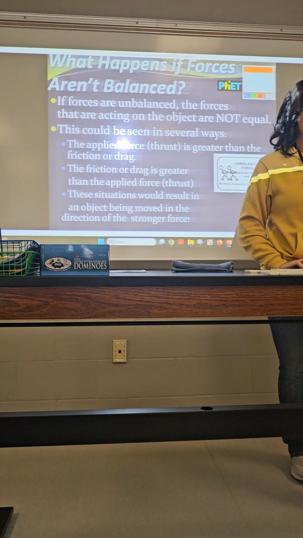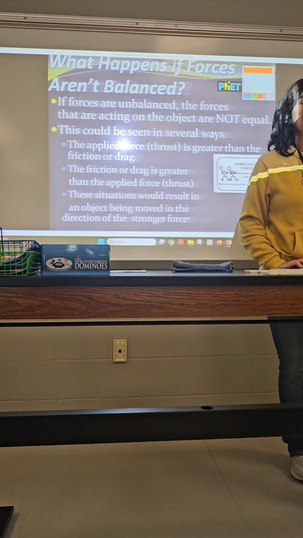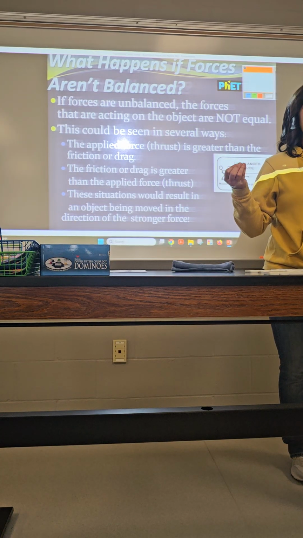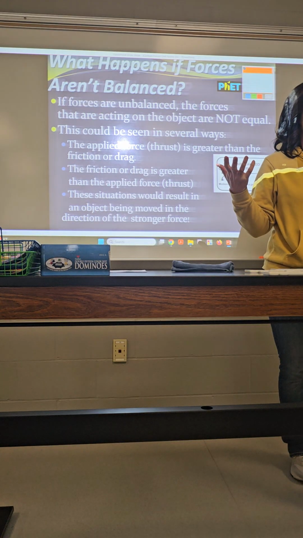Who here's a NASCAR fan? My grandparents are. Okay, so NASCAR is a billion-dollar industry. What are they trying to do? What is the ultimate goal of a race car? Go fast. Win. How do you win? Yeah, you have to go fast. So do everything you can. If you can't make a motor more powerful to give you more applied force, what's the other way to go faster?